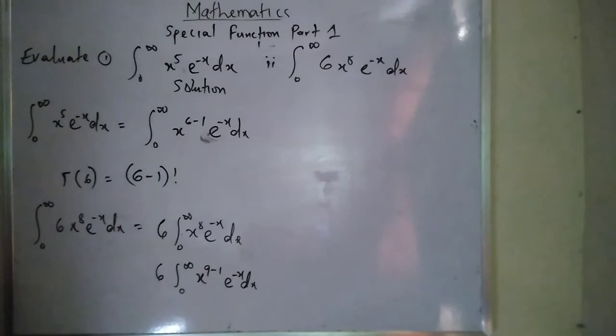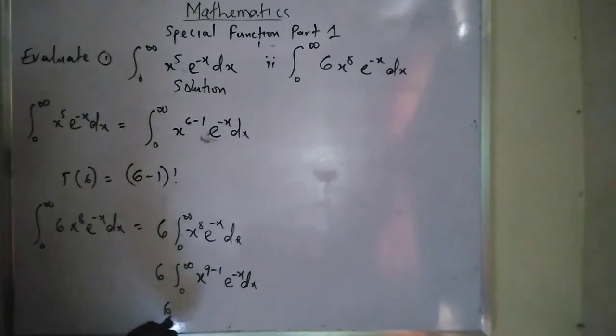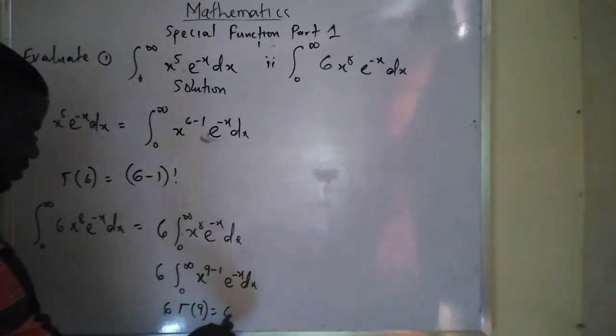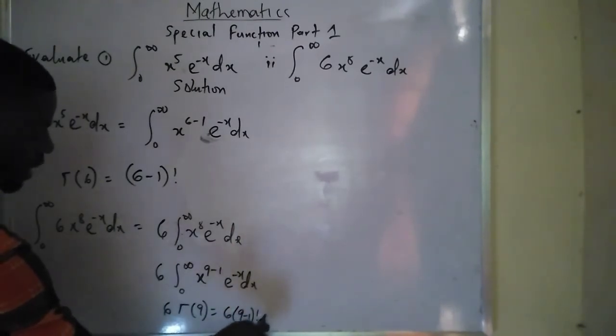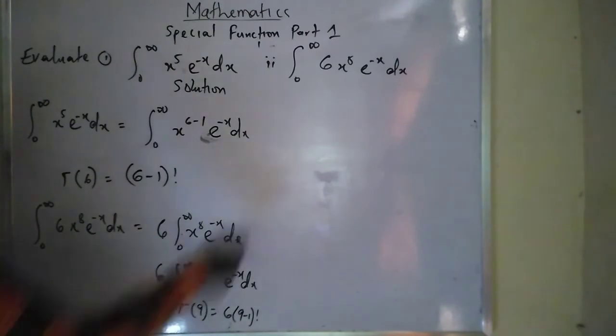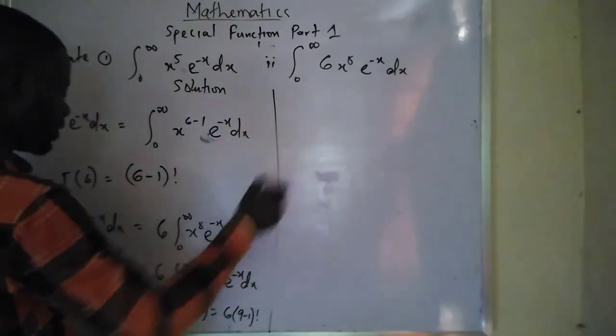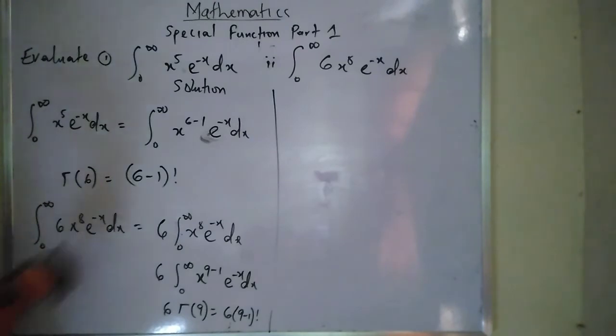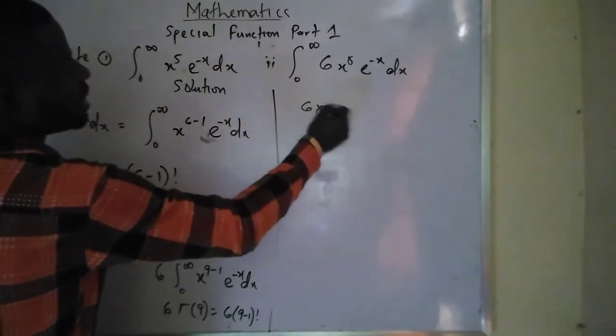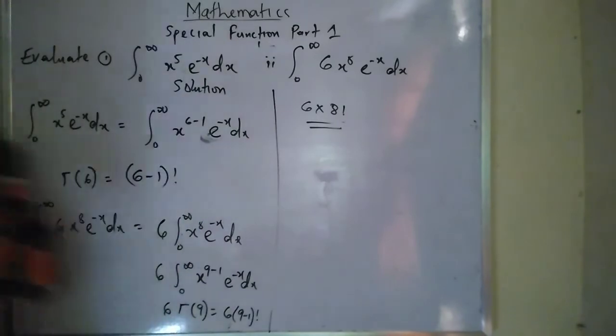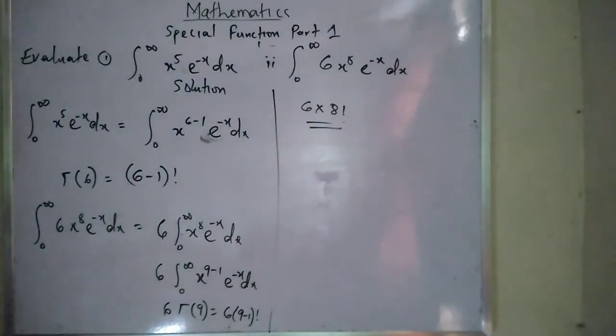This will now be 6 gamma of 9, which is equal to 6 times (9 minus 1) factorial, which is 6 times 8 factorial. That is my final answer.